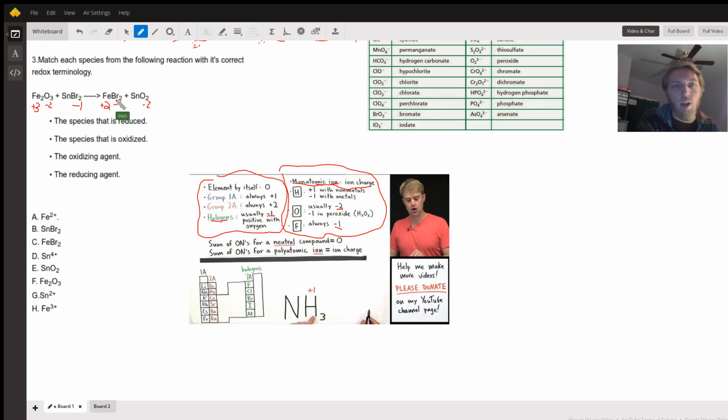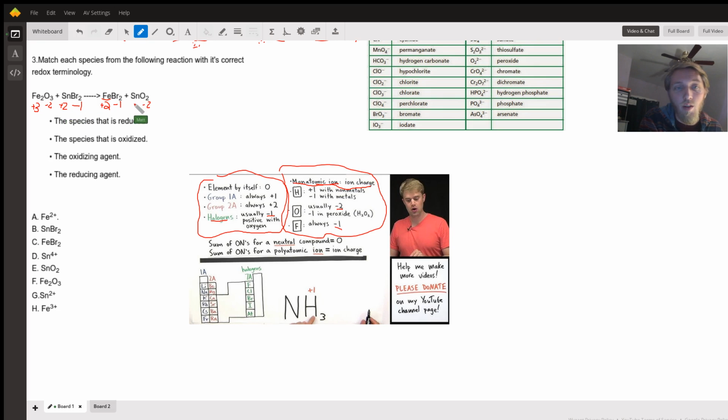The same is true over here. 2 bromides with a -1 charge each. That means I'm going to need 2 positive charges to cancel them out. That means this 1 iron ion must have a +2 charge, and therefore a +2 oxidation state. So by that reasoning, we can do the exact same thing with tin(II) bromide. That has to be +2 as well.